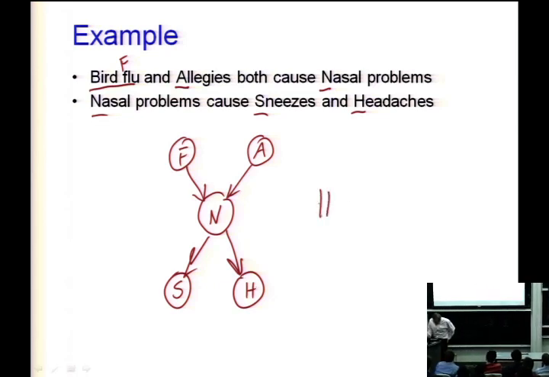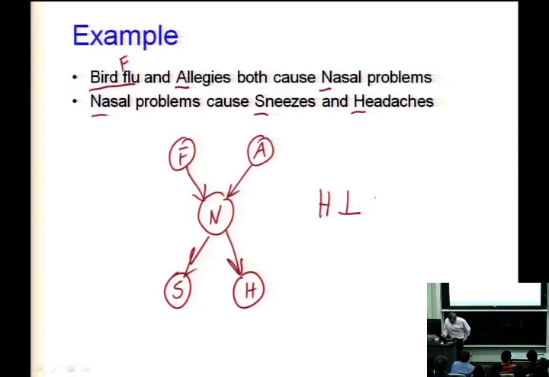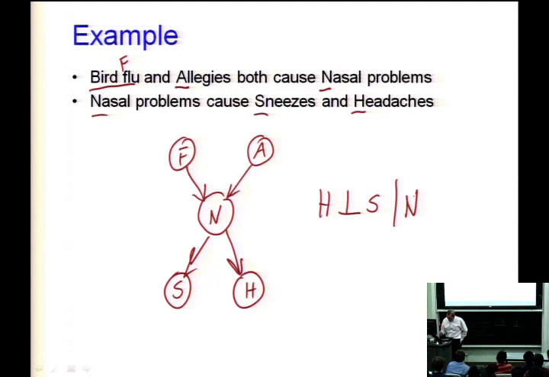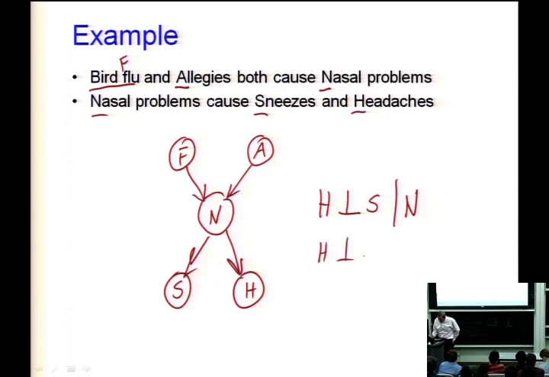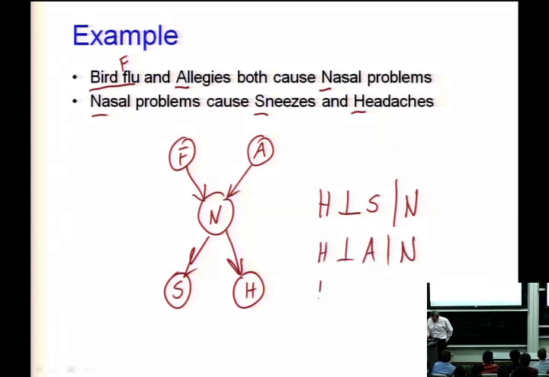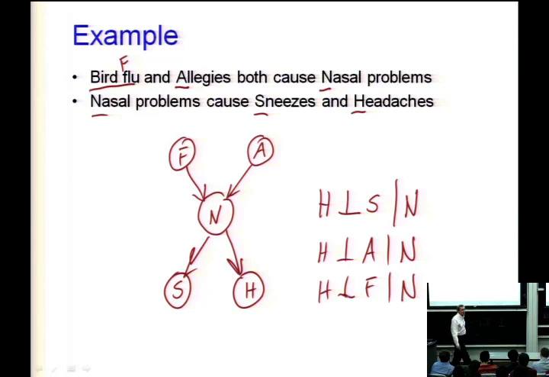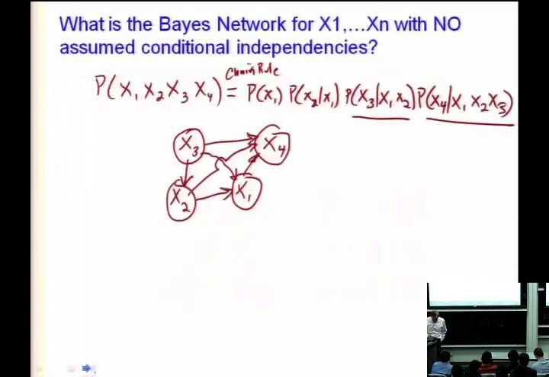So H is conditionally independent of S given N. H is conditionally independent of A given N. H is conditionally independent of F given N. Again, just by applying our simple rule: conditionally independent of your non-descendants given your immediate parents. Okay. All right, very simple.